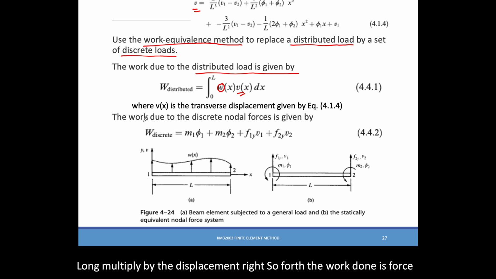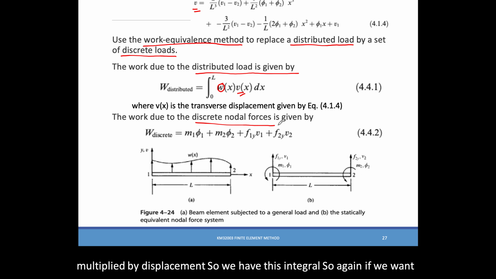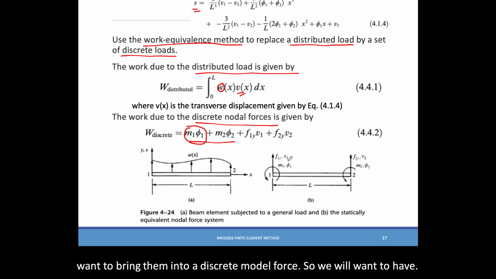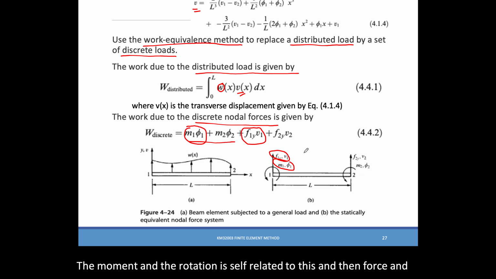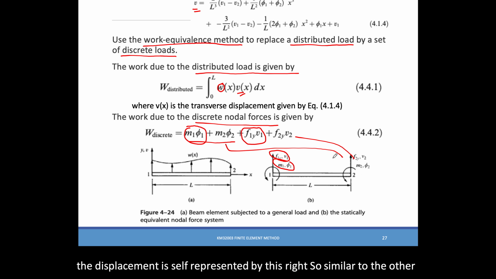Again, if we want to bring them into a discrete nodal force, we would want to have the moment and the rotation, related to this, and then the force and the displacement represented by this. Similar to the other side, we will discretize them together.